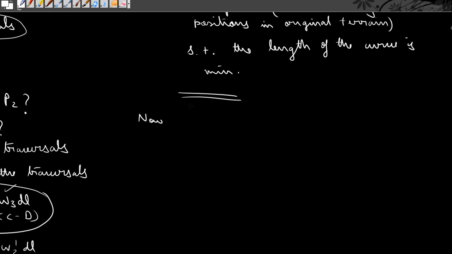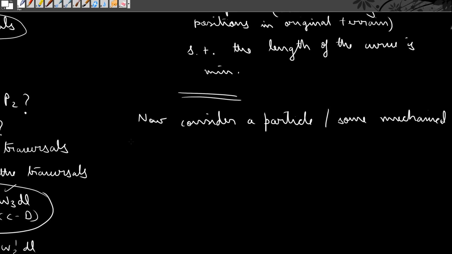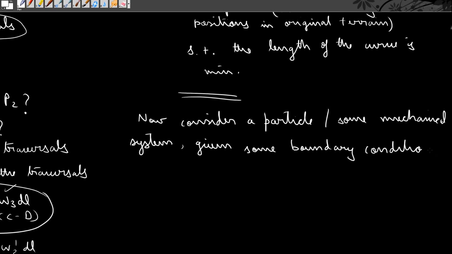So now consider a particle or some mechanical system, given some initial conditions and some kind of constraints, given some, I would say, boundary conditions and some set of constraints.